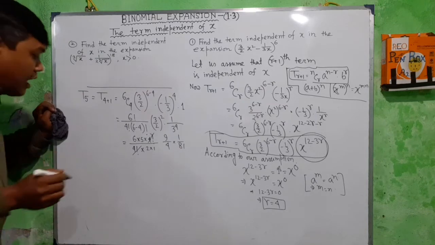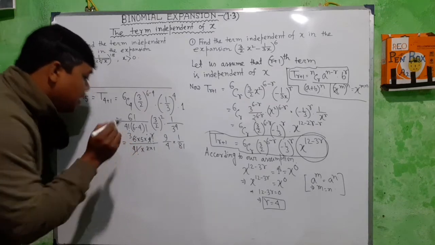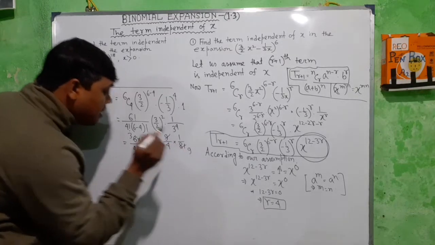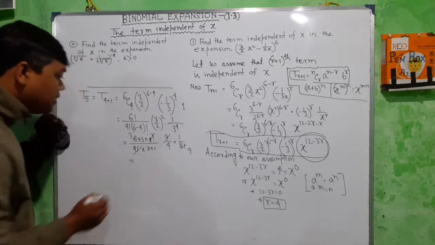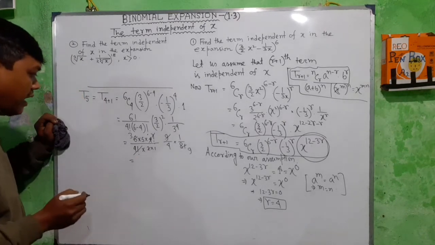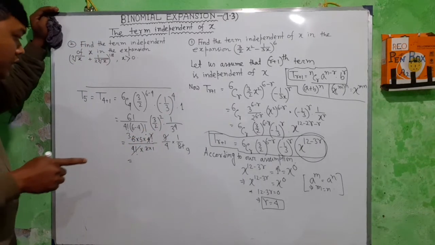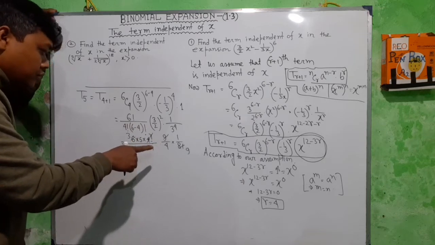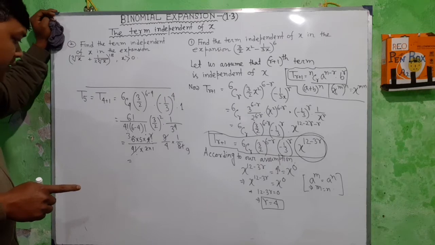Okay, so now 2, 3, if I divide it, and 9, 81. Okay, so I have gotten 15 at 3 to the power 4 and 3 by 2, that is 3 square by 2 square, that is 2 square means 4.